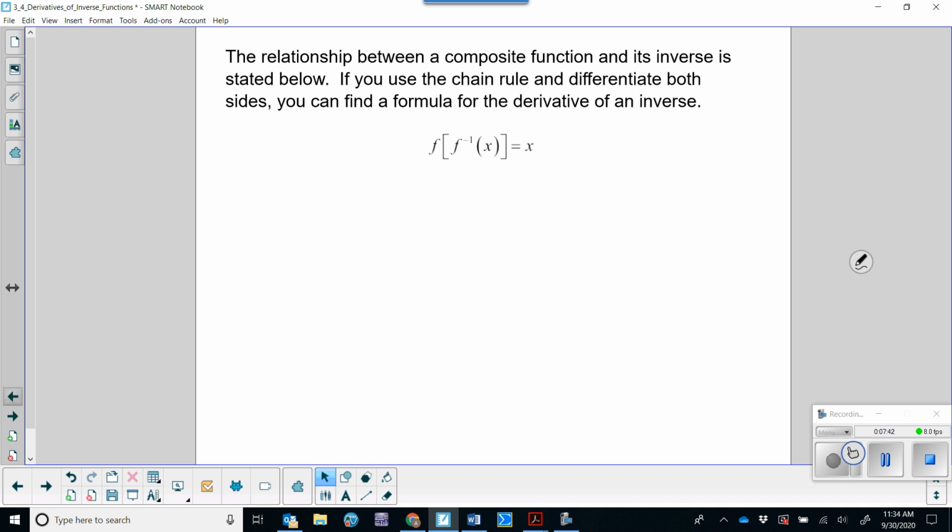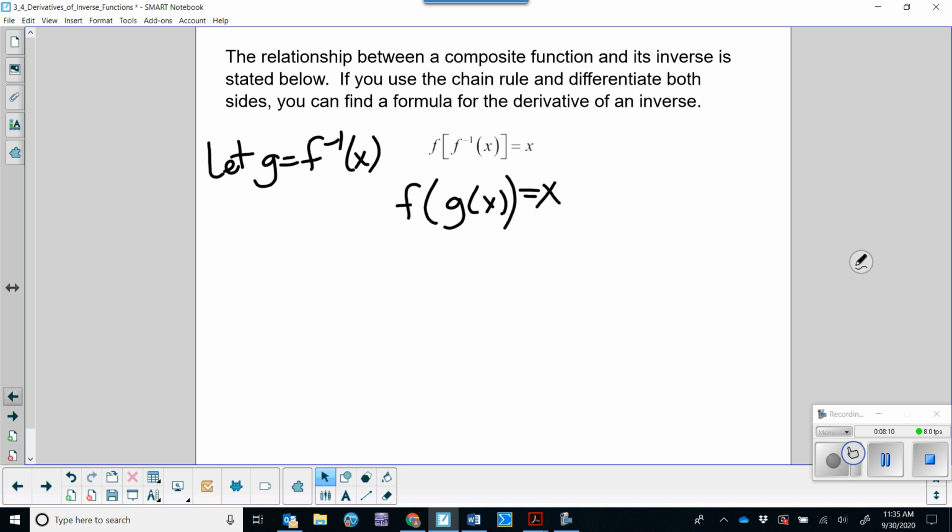So what we're going to do is actually prove the formula for how we get the derivative of an inverse. Okay, so we're going to use that to do this. What we're going to do first is let g equal f inverse of x. And by doing that, we're going to rewrite our problem as f of g of x, okay, equals x.